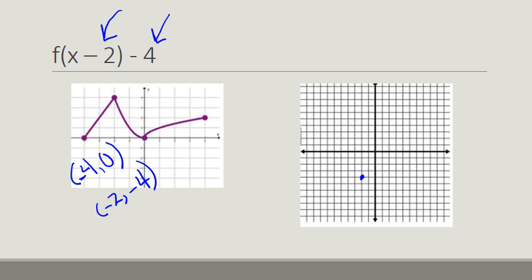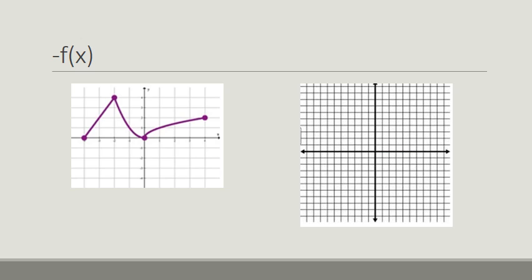And then 0, 0 is going to become 2, negative 4. We've got that little curve going on here, and then we've got the square root. Once you've graphed the first couple points, it makes the shape a lot easier to see.